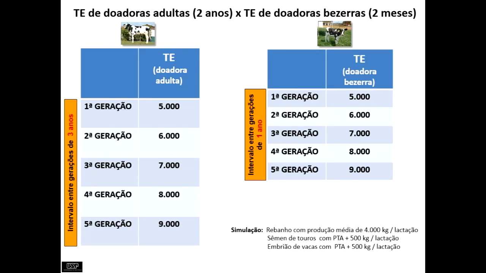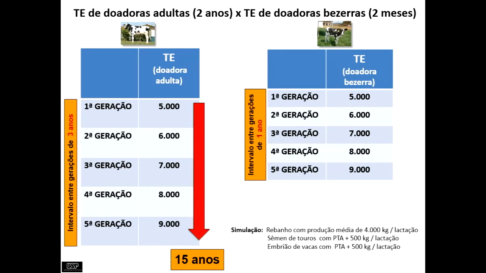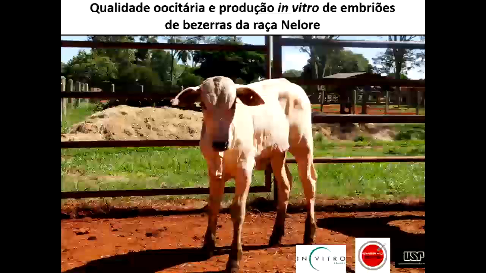If you have a two-year-old donor, the generation interval is three years, and to imprint something like milk production we need 15 years. But if we use calves as donors, we can have a one-year generation interval, and it is possible to decrease the genetic interval a lot between these animals.